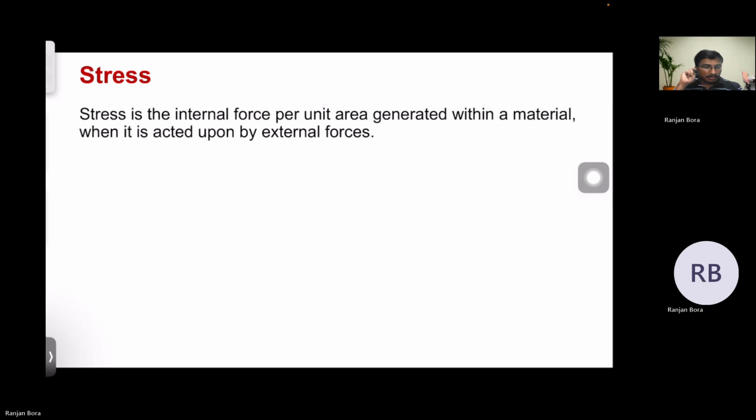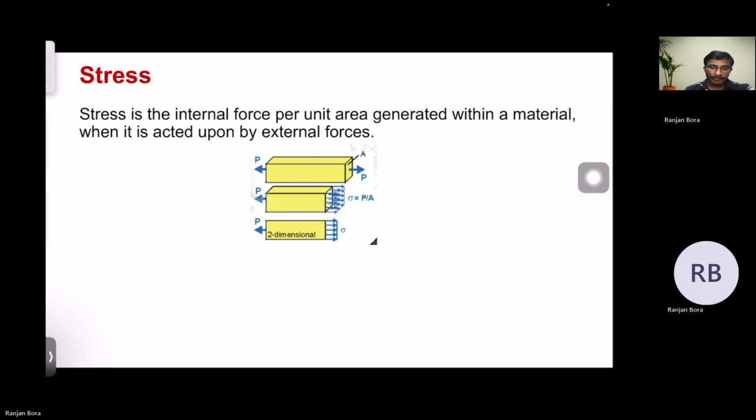Now, the next concept which was discussed was the stress. So what is a stress? Stress is the internal force per unit area generated within a material when it is acted upon by external forces. So when some external force P is acting on this bar, and because of this external force, there are some internal forces which are getting generated inside the material.